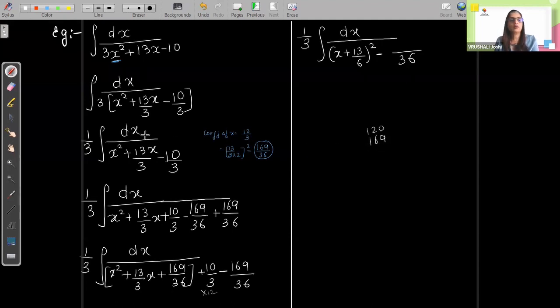Now 120 minus 169, ये कैसे आ रहा है? गड़बड़ हो गया क्या?